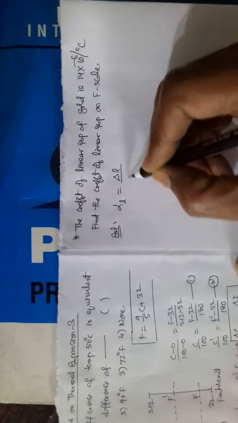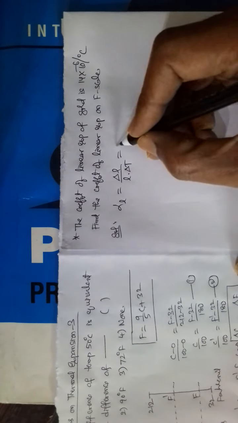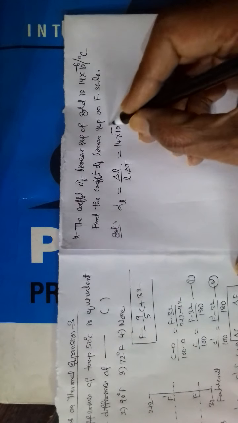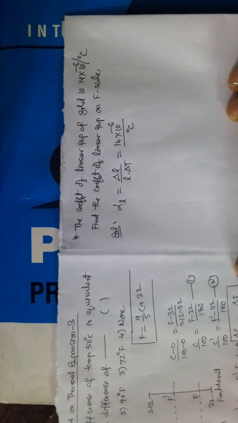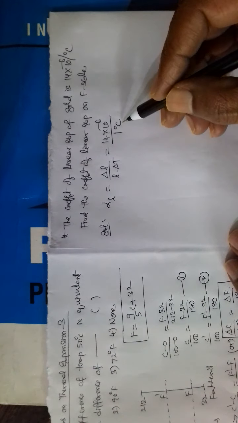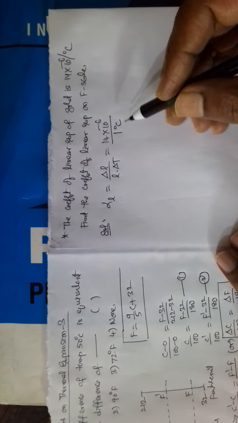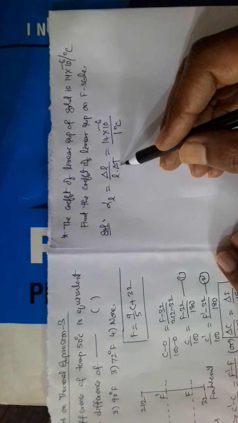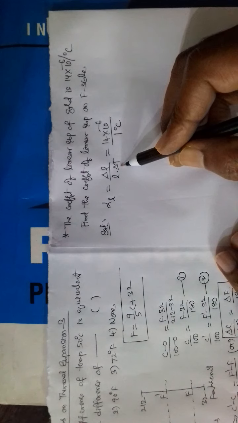Change in L by original L into change in temperature is equal to, the value is given by degree centigrade. By degree centigrade means 1 degree centigrade. Now this 1 degree centigrade is not a temperature. This is delta T. Delta T means difference of two temperatures.